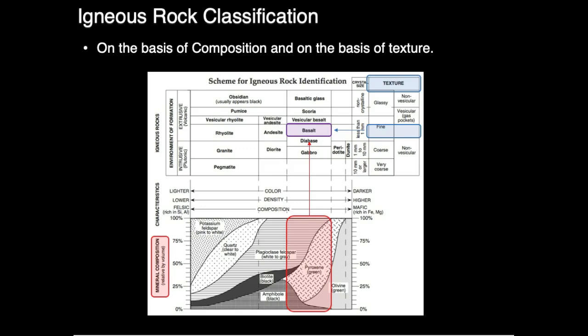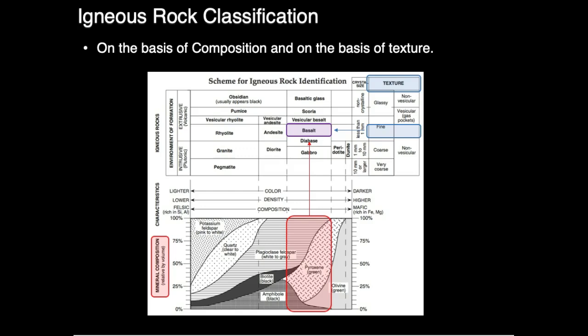However, because of the content of the plagioclase feldspars, it's not completely jet black. And because of the content of the olivine in there, it may even be a little bit greenish. So overall, the sample falls on the third darkest column, called mafic composition, and we'll go into more detail later.